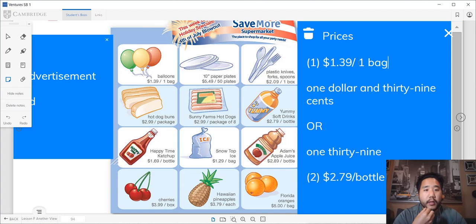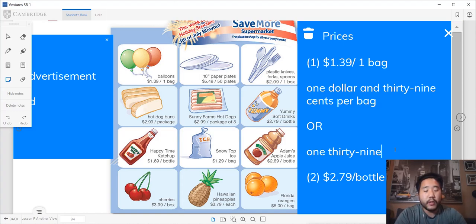This dash means we can use A: $1.39 a bag, or another way of saying this is per bag. Same thing.